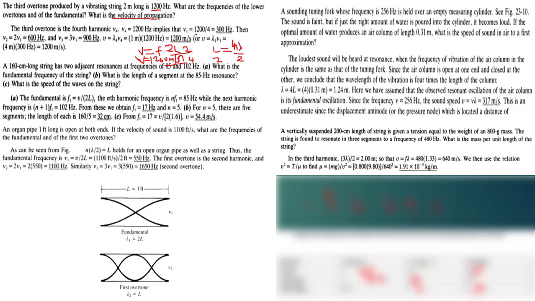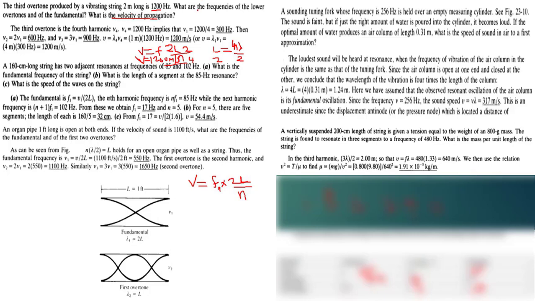But what are the frequencies in the lower overtones? We remember our general formula for V, from our formula which was telling us it is equal to F times 2L over N. Okay, times 2L over N. We get the frequency that corresponds to a particular wavelength for that harmonic.